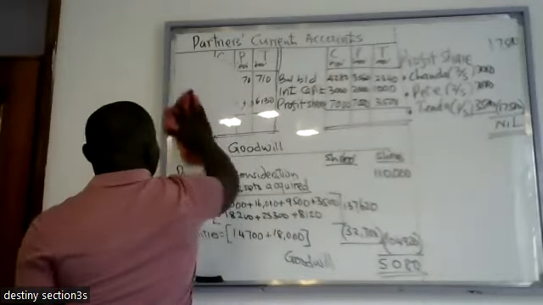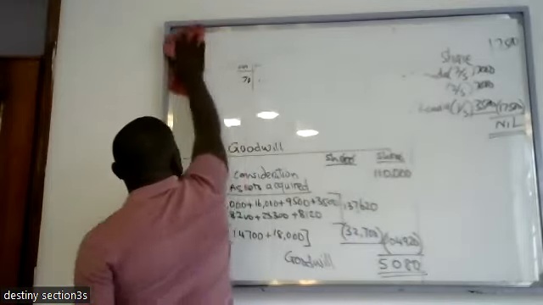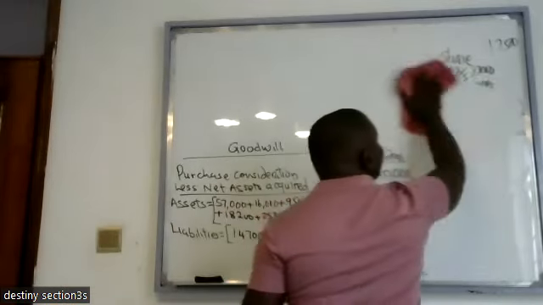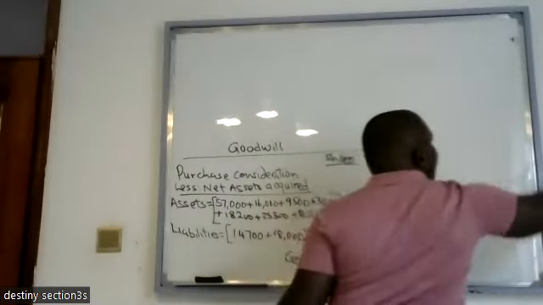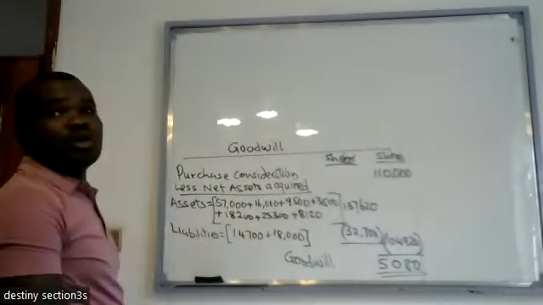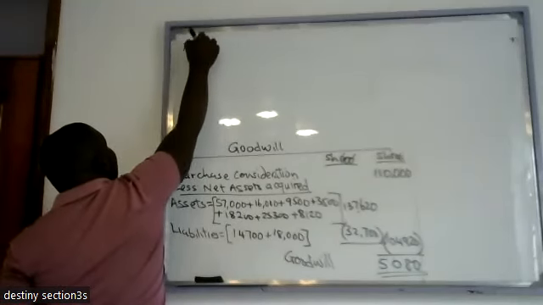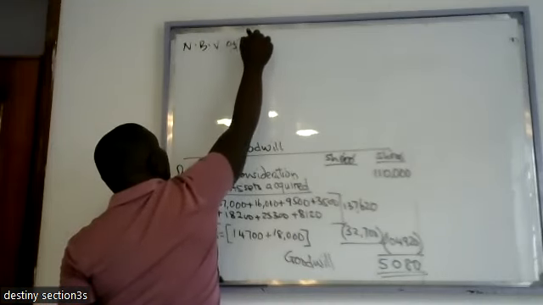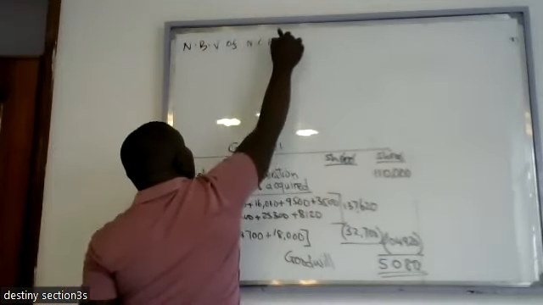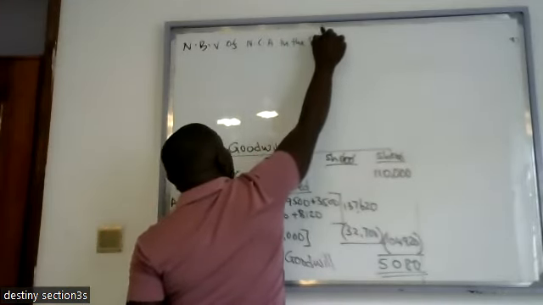We need to check that because there are a lot of issues. So net book value, NBV, of non-current assets in the partnership.